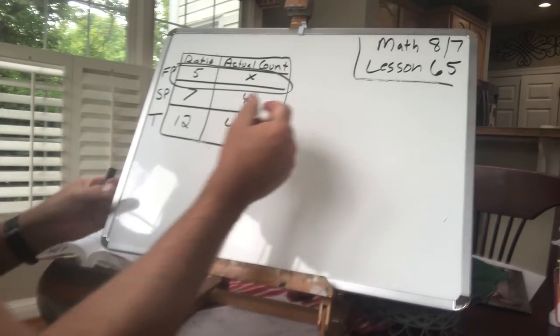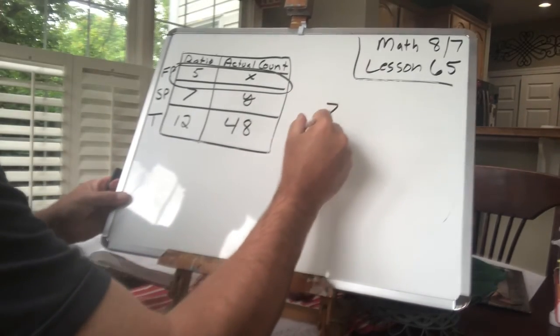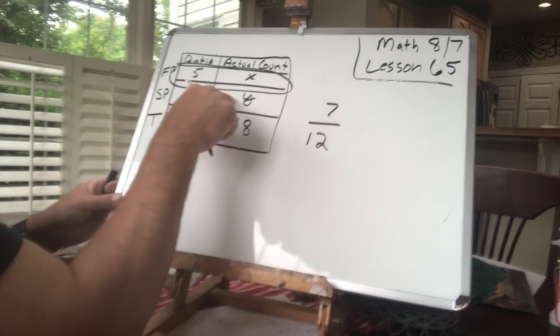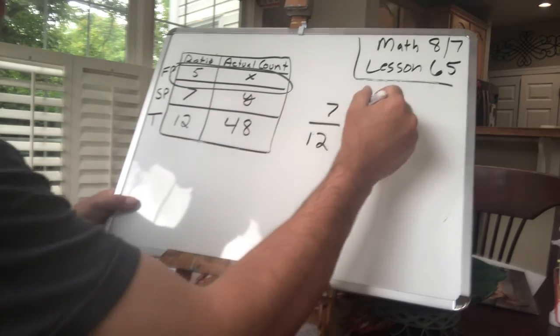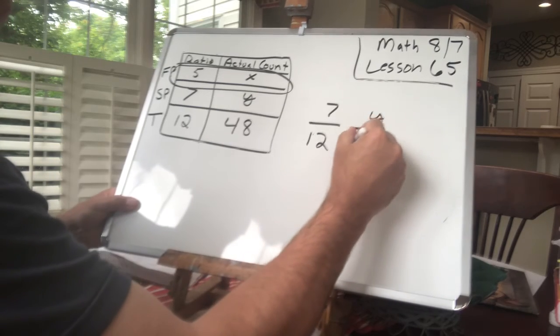I could have gone 7 over 12, right? If it was asking me for how many soccer players, Y over 48.